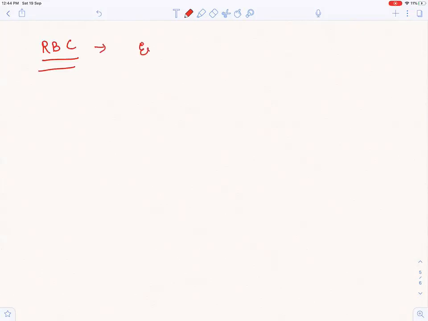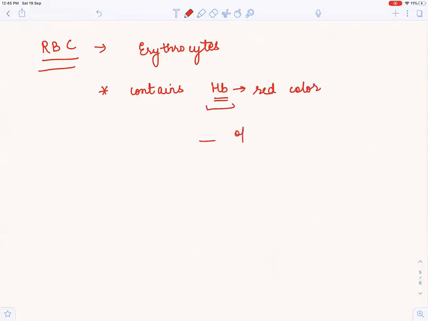RBCs are called erythrocytes. All of us know. And we have already done in respiration that it contains hemoglobin, and because of this hemoglobin, it has a red color. And this hemoglobin forms how much of the cell's weight?